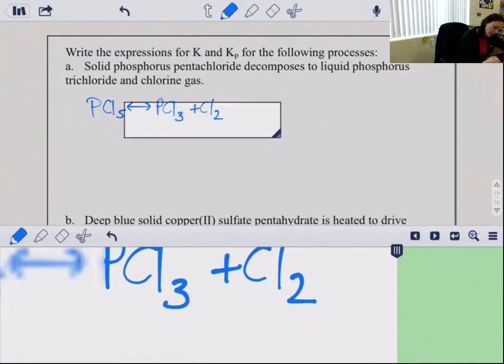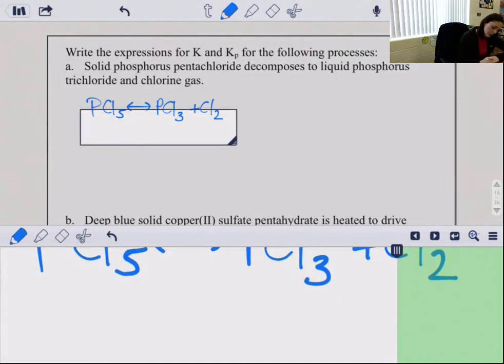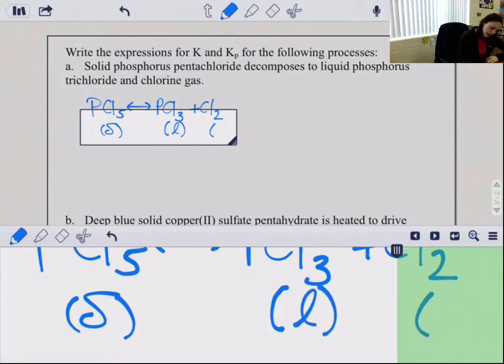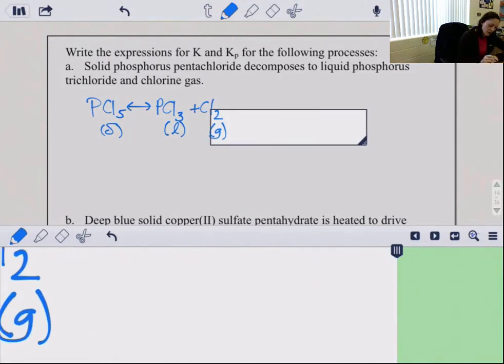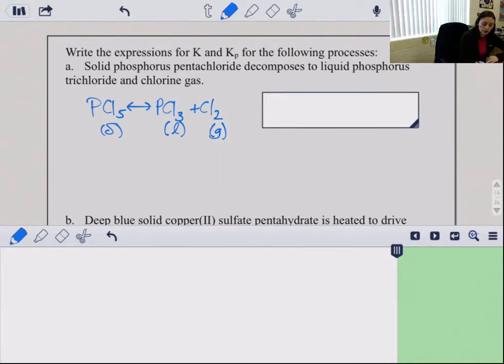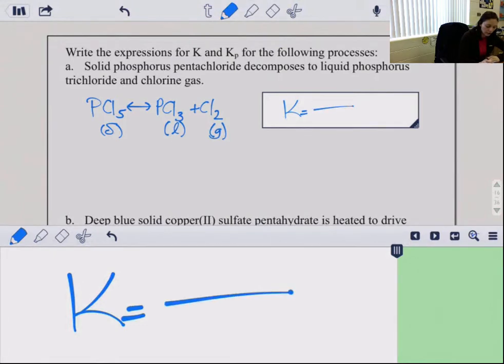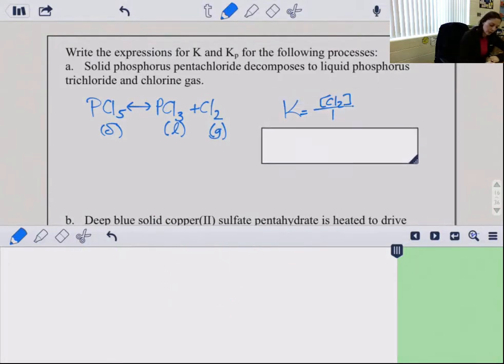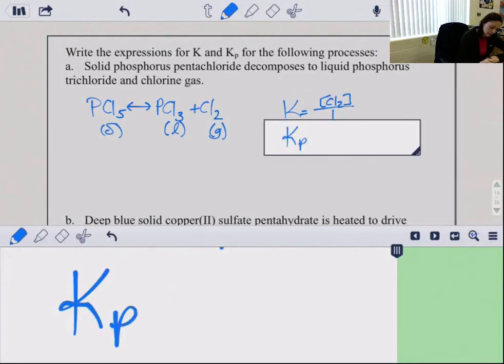Watch your states of matter here: solid for this one, liquid trichloride, and then chlorine gas. So both of those first two are not in my expression. My K is products over reactants, and the only thing I have is Cl2. You can put a 1 on the bottom if you want to, there's just nothing there. The same thing goes for Kp, which would be the pressure of my Cl2.